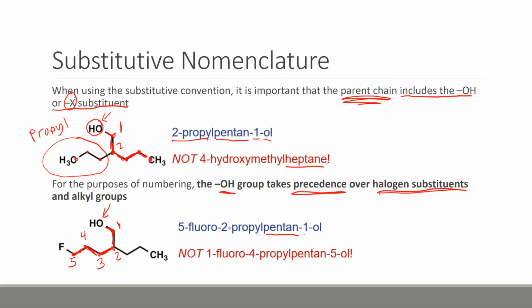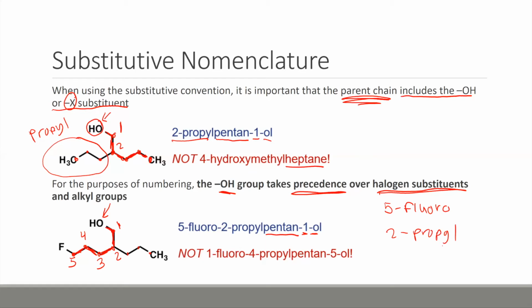That's how we get the 1-ol. Now the two other groups that we know we have are a 5-fluoro, because there's a fluorine on the 5 position, and this side group, which is 3 carbons long, is a propyl, and it is on the 2 position.